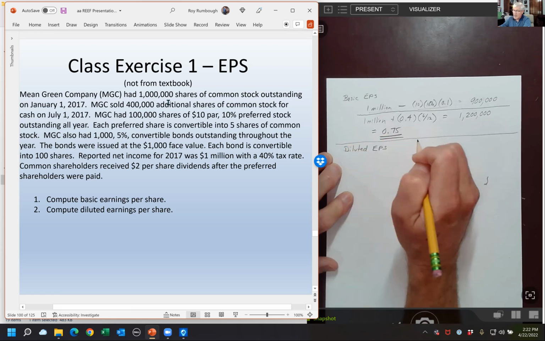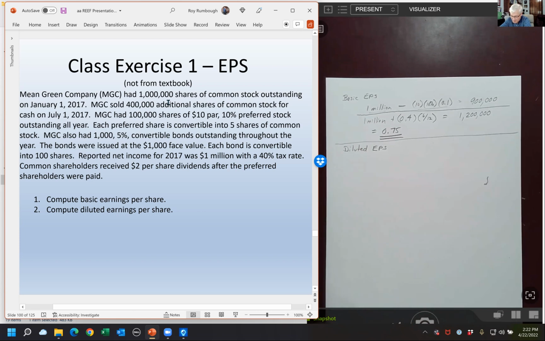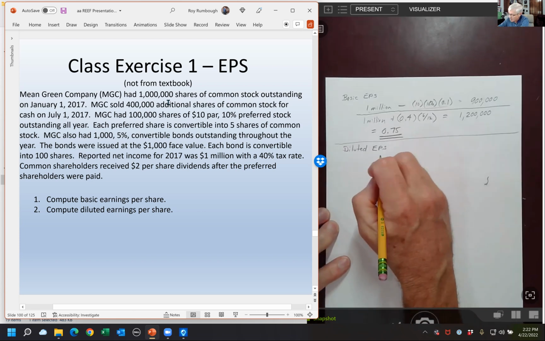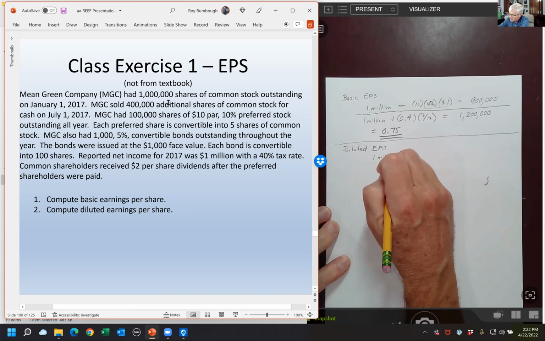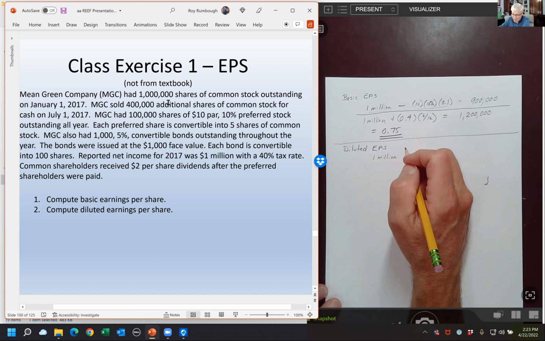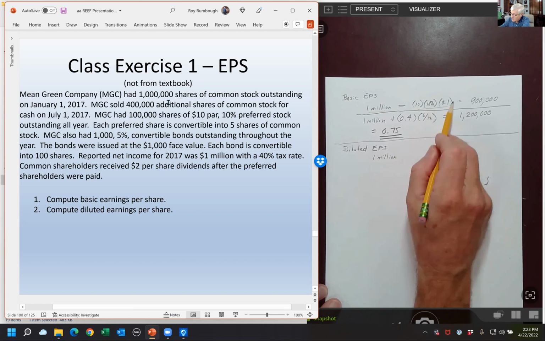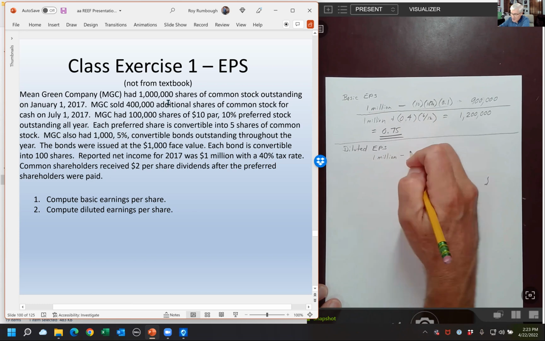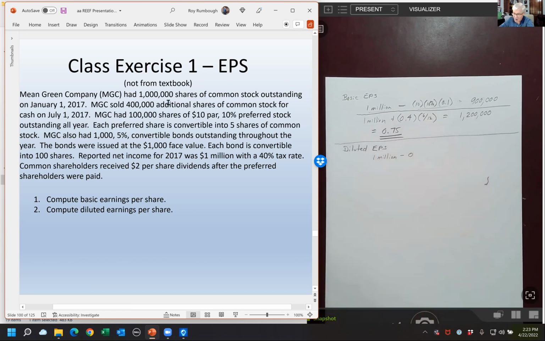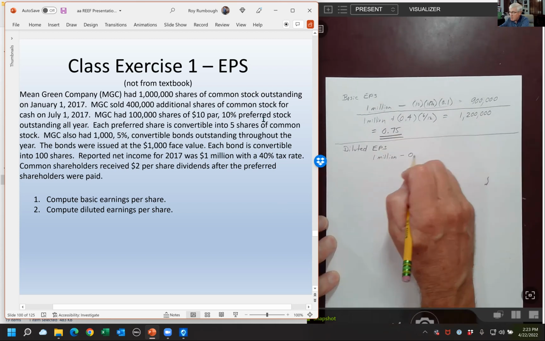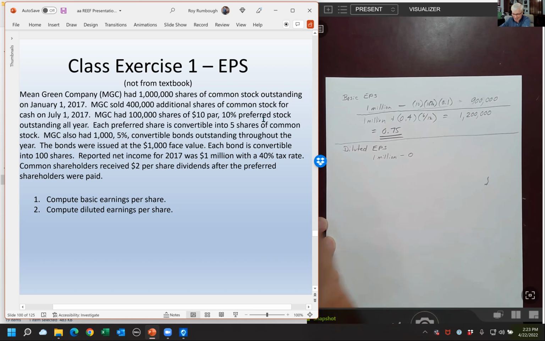Diluted EPS. Now we're going to do all of our hypothetical fun stuff. We start with the same 1 million, and we subtract 0 in preferred dividends, because we're going to convert those preferred shares. The preferred shares were 100,000 shares, and each is convertible into 5 shares of common stock. Therefore, no preferred dividends, hypothetically.